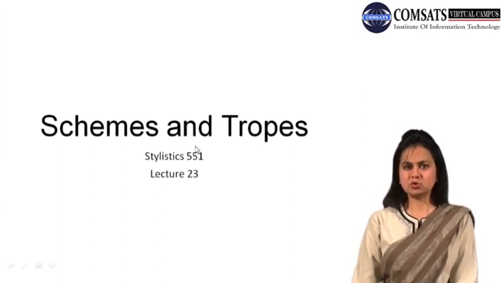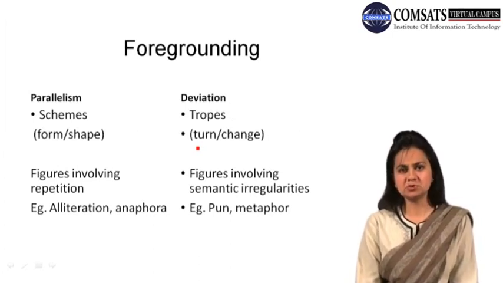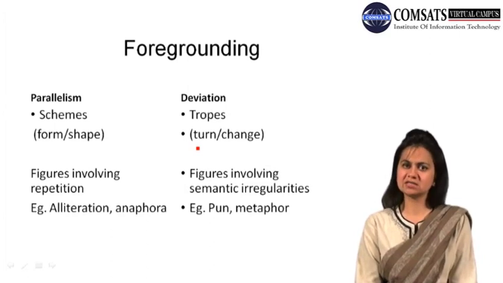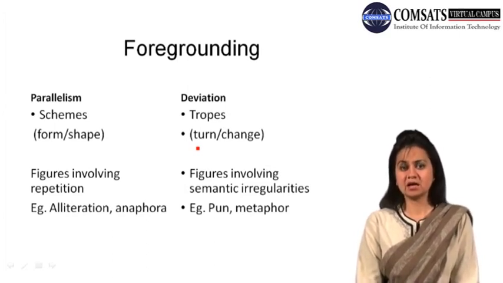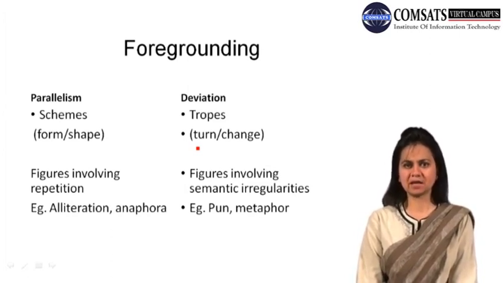We see that schemes and tropes can be, in simple terms, referred to as literary devices, rhetorical devices or stylistic devices. Why do we divide these into two types? As some devices are referred to as schemes and the others are referred to as tropes.